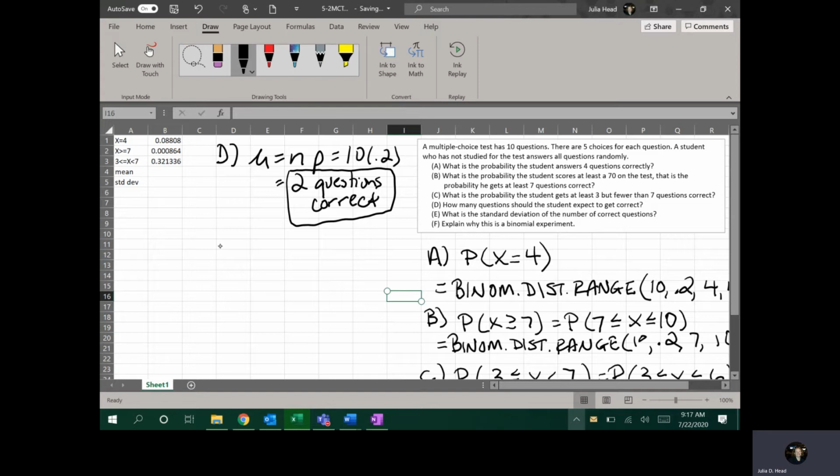And then for the standard deviation, again, you could create a distribution. You could use the formula from 5-1. That is definitely the harder way. The easier way is to remember the square root of npq. So it's 10 times 0.2, and q would be 1 minus 0.2, or 0.8.